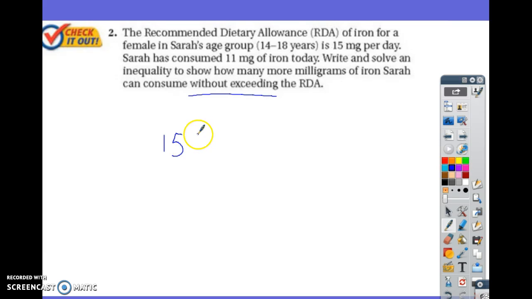So 15 has to be greater than or equal to the amount that she's eaten, which is 11, plus anything else she eats, which is x. This is unknown in this equation. So this is what the equation looks like. So then you solve it. You say minus 11 from each side, and you have 4 is greater than or equal to x, the amount that Sarah can consume for the rest of the day without exceeding her RDA.